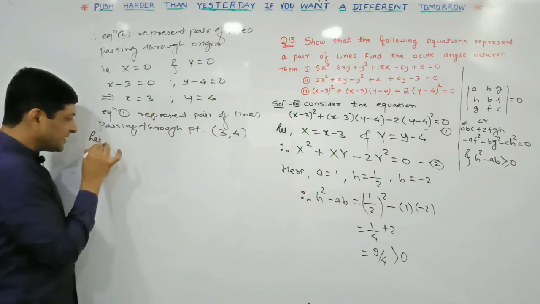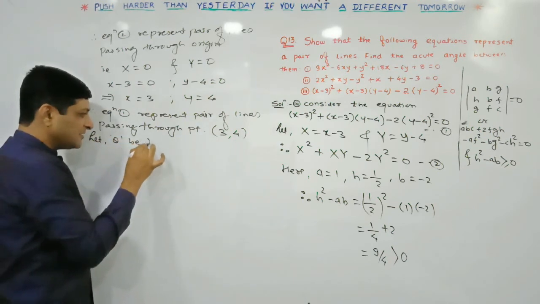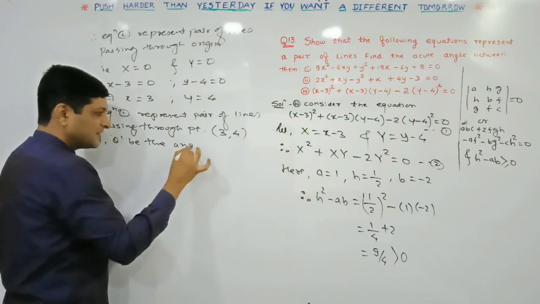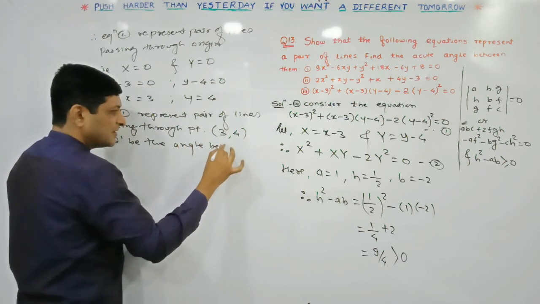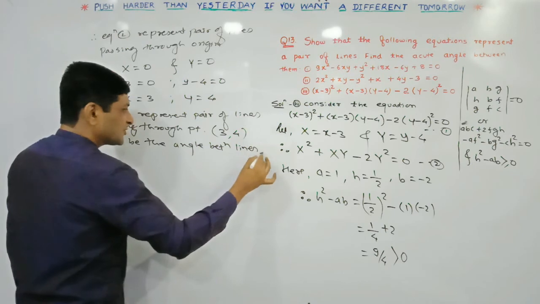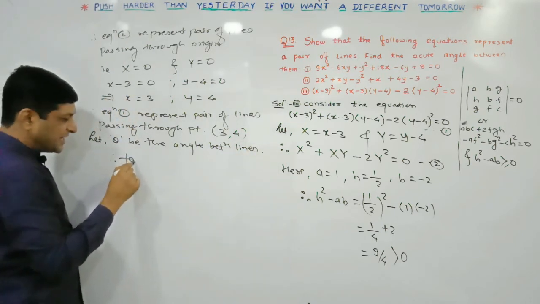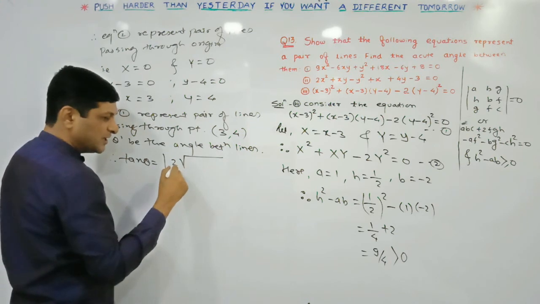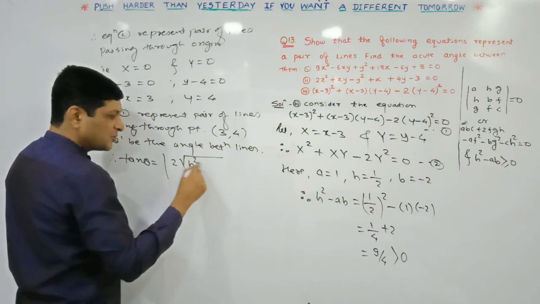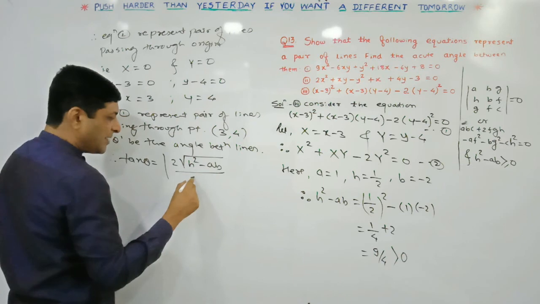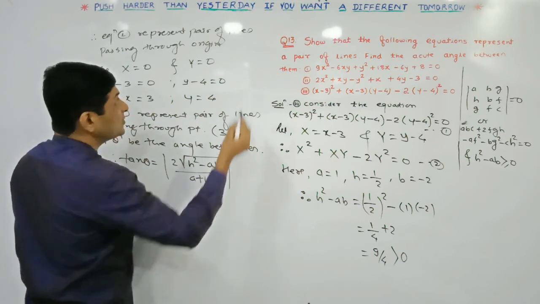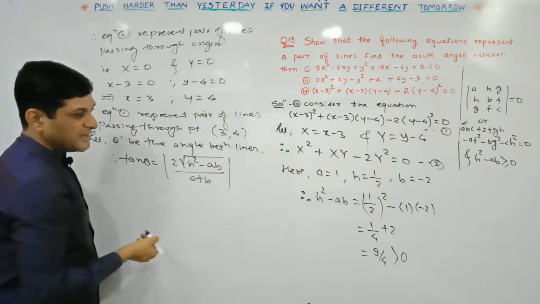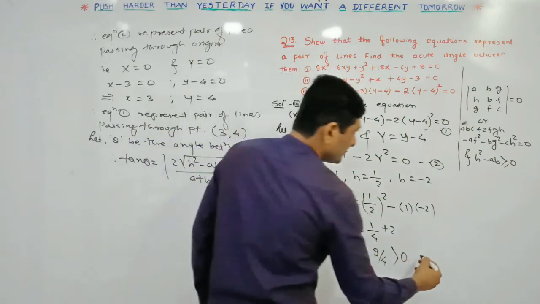Let theta be the angle between the lines. So therefore tan theta is equal to, what is our formula to find the angle between the lines? Tan theta is equal to 2 under root h square minus ab upon a plus b. Denote this result by equation number 3.